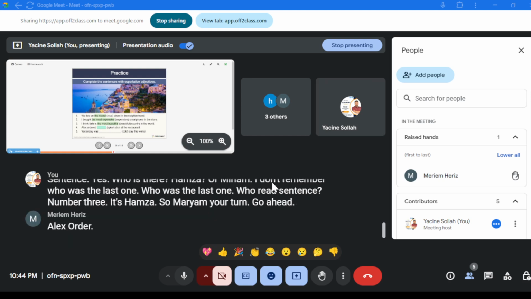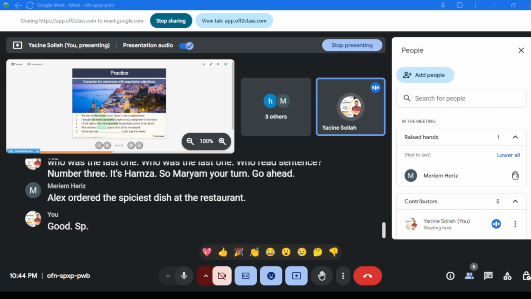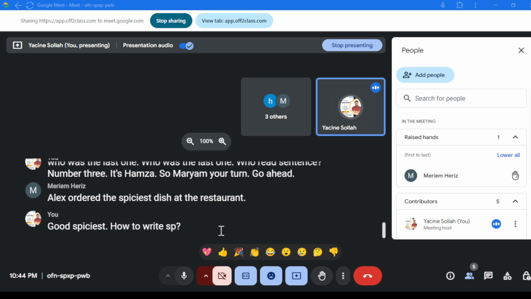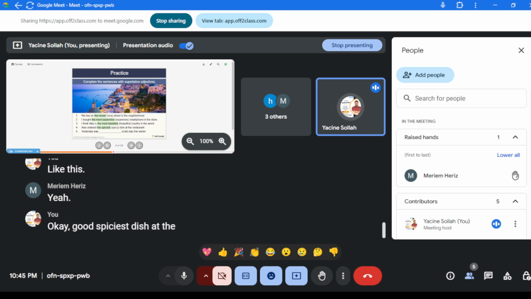Alex ordered the spiciest dish at the restaurant. Good. Spiciest. How to write spiciest? S-P-I-C-I-E-S-T. Like this? Yeah. Okay, good. Spiciest dish at the restaurant. Thank you.